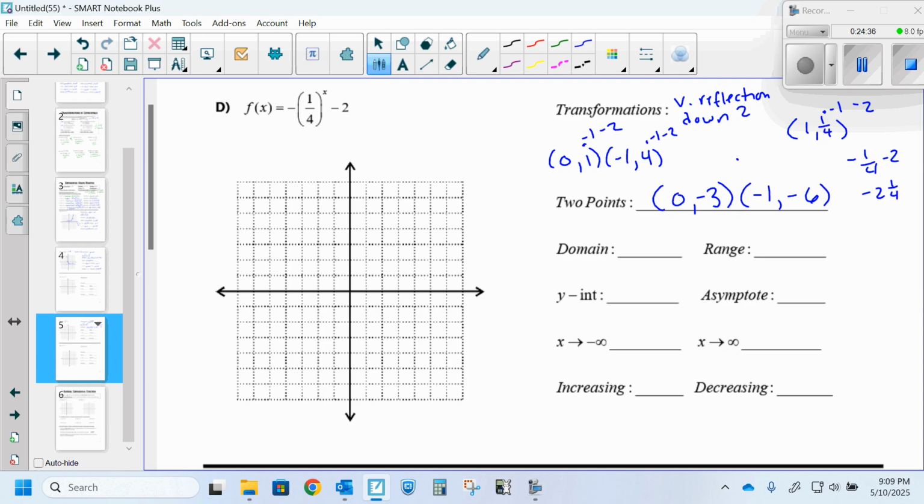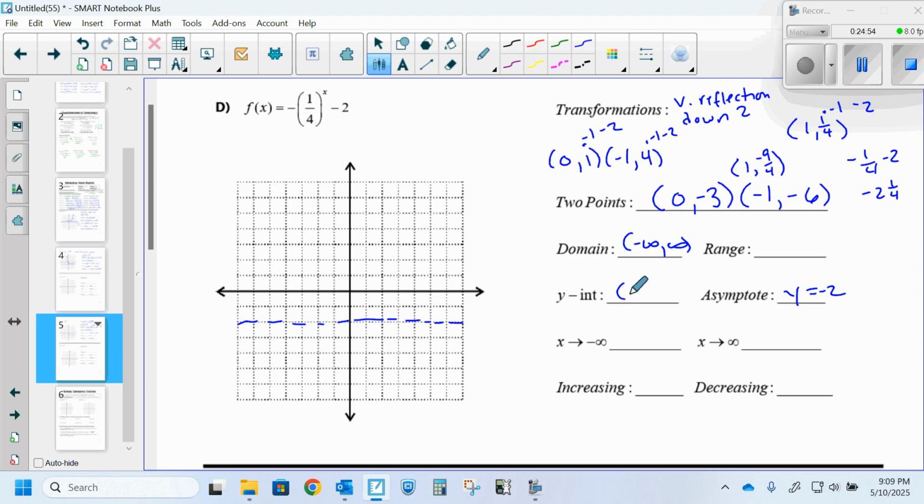So that would be (1, -9/4). All right, so down 2, we have a horizontal asymptote at y equals -2. And then my domain is all real numbers.